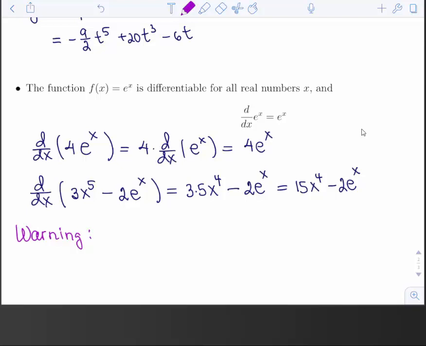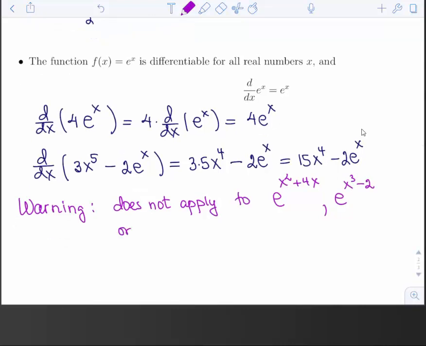For example, this does not apply to examples like e to the power x squared plus 4x, or e to the power x cubed minus 2, or e to the power of some function of x that's not the identity, so some more complicated function than just x. We're going to learn how to deal with this situation, but please make sure that you don't do this.